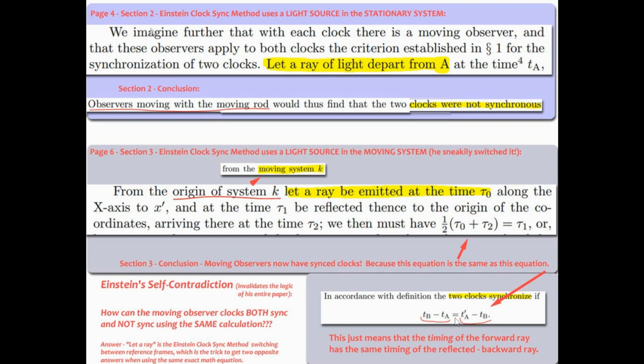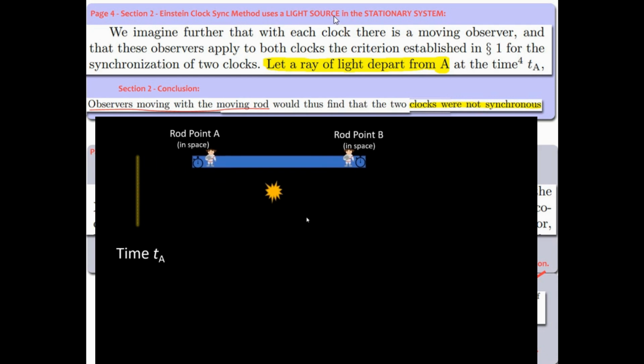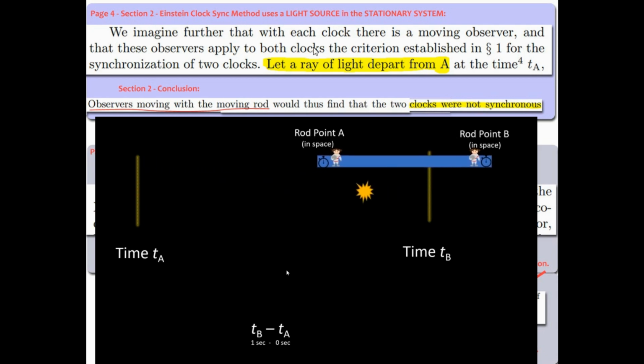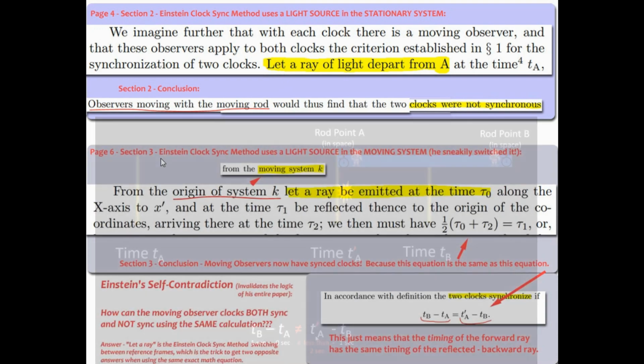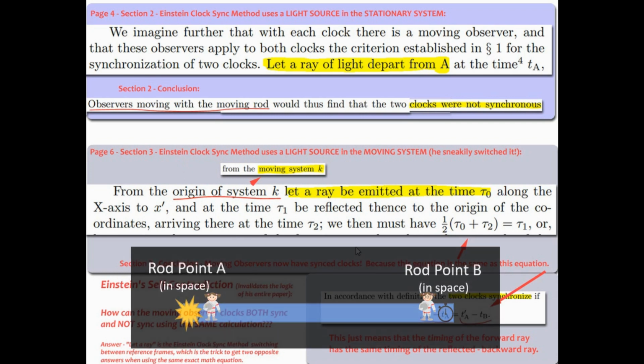It's that simple. And to help you keep track, this animation shows this scenario where the moving observers see the clocks not synchronized. And I will show this animation when the moving observers' clocks are synchronized.